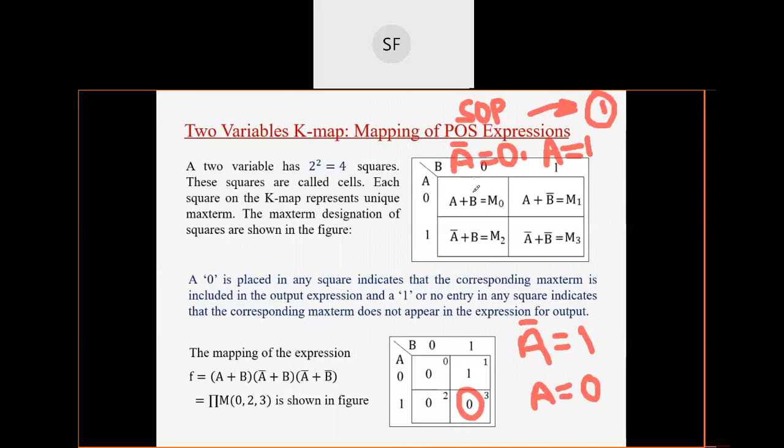That means अगर B bar भी होगा यहाँ पे तो भी आपको 0 ही लेना है SOP में. कॉम्प्लीमेंट्री, अगर आपको वेरिएबल के ऊपर बार दिखा, that means you have to take the corresponding binary code as 0 in SOP, whereas in POS for complementary, that is when there is a bar over your variable, you have to take the value associated with it as 1. Okay, is it clear?